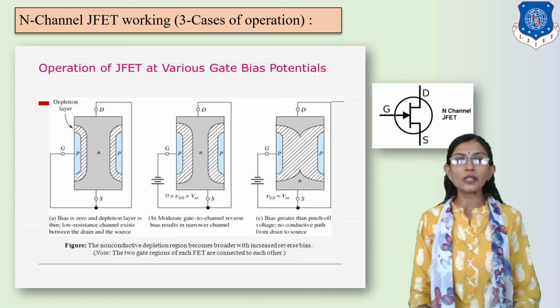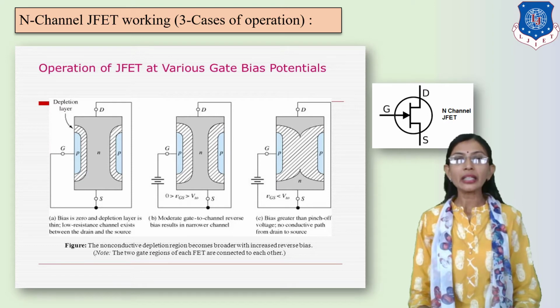According to the three cases of operation, initially the maximum current flows because the channel is available. In case 1, when there is a short circuit, meaning no VGS is applied, only the normal depletion layer exists across the junction and due to that the channel width is available enough.